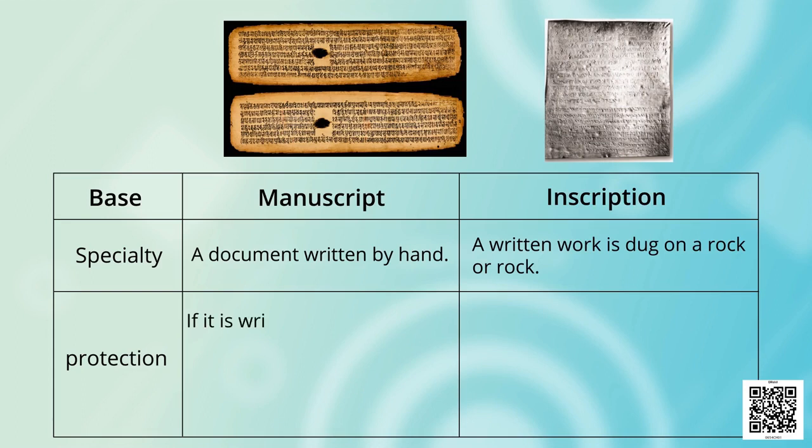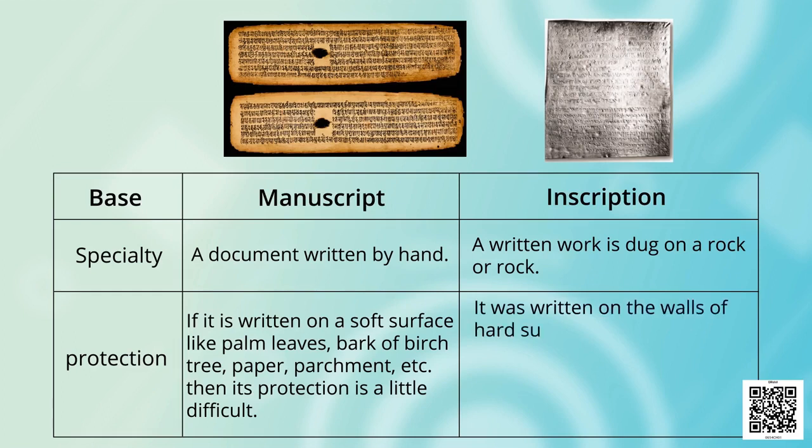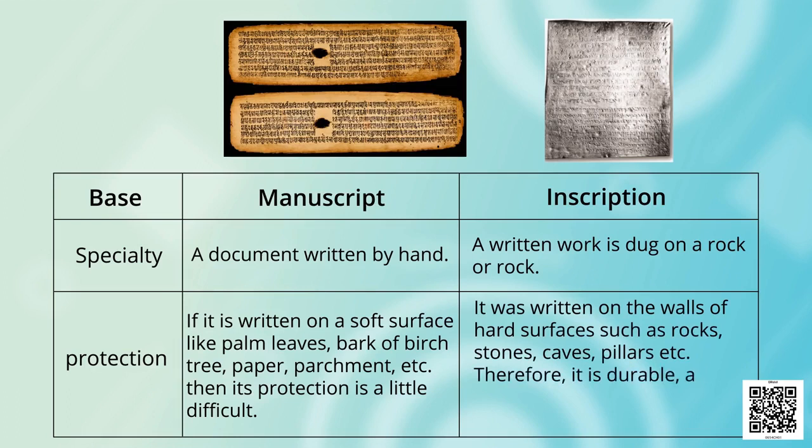A manuscript, if it is written on a soft surface like palm leaf, bark of a birch tree, paper, or parchment, then its protection is a little difficult. On the other hand, an inscription was written on hard surfaces such as rocks, stones, caves, pillars. Therefore, it is durable and conservation requires no special effort.